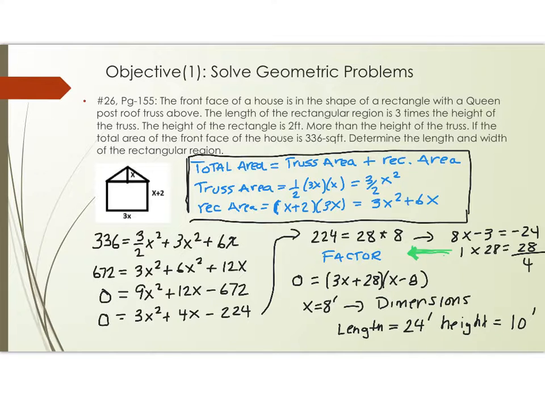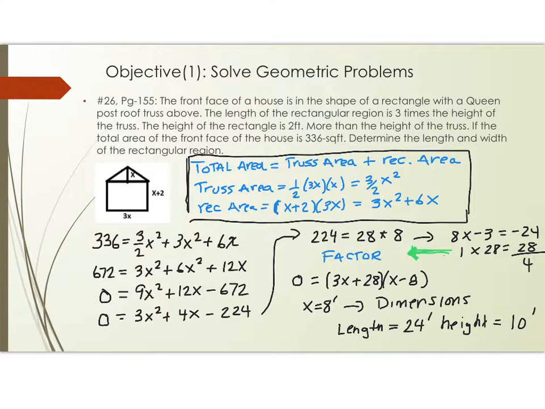So in our first objective of a geometric problem, this is problem number 26 on page 155. The front face of a house is in the shape of a rectangle with a queen post roof truss above. The length of the rectangle region is 3 times the height of the truss.